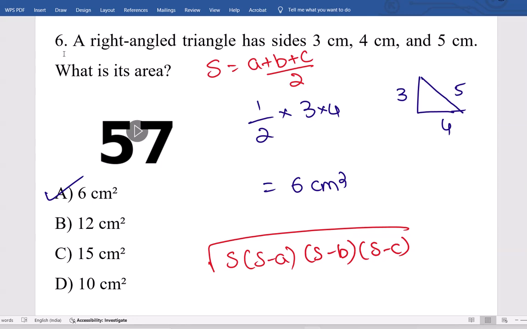A plus b plus c is perimeter, divided by 2, that's why s is called semi-perimeter. We can use that formula in the worst case, when sides are given, for calculating the area of a triangle. Clear this side?